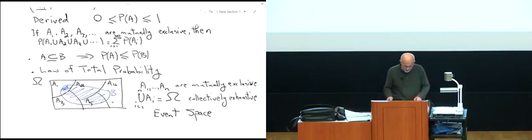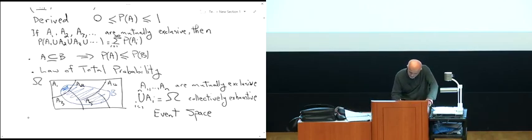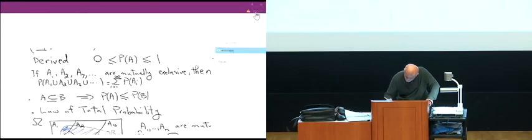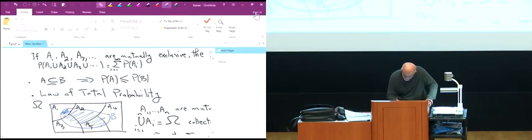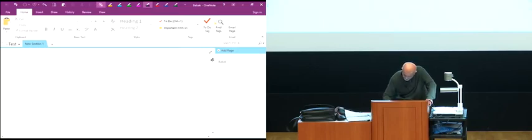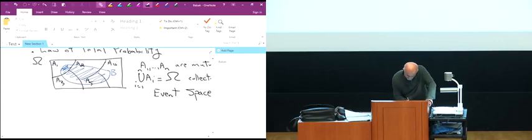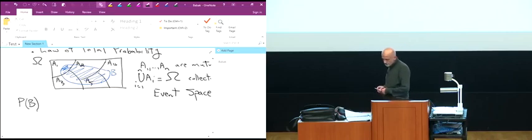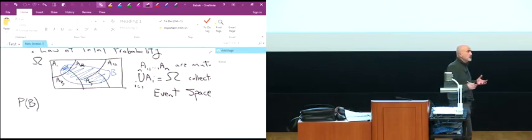And I'm interested in figuring out the probability of the event B. Now, the law of total probability is essentially a divide and conquer law.